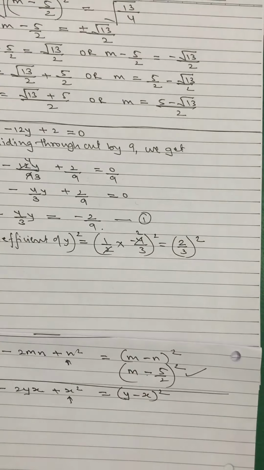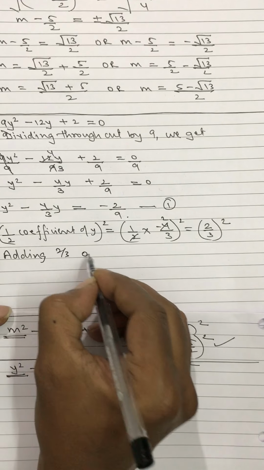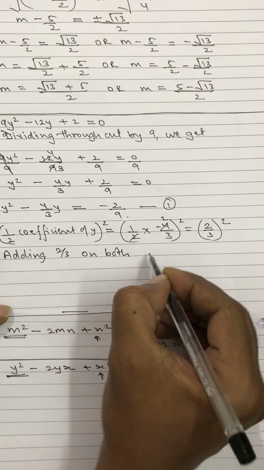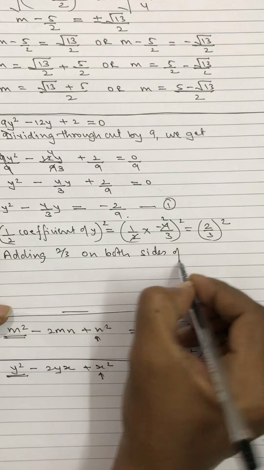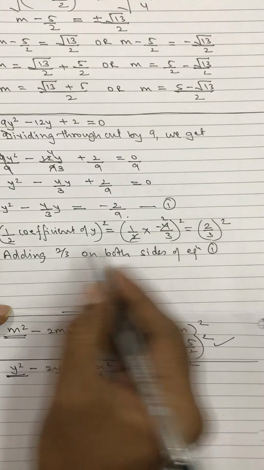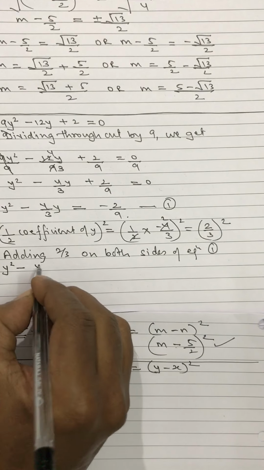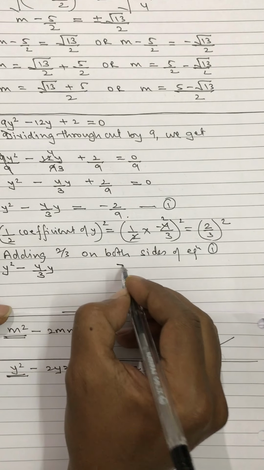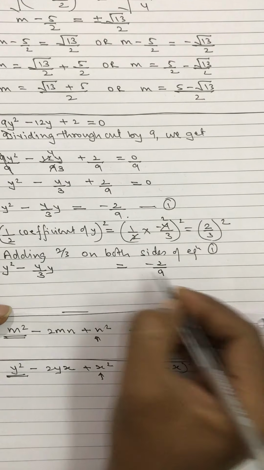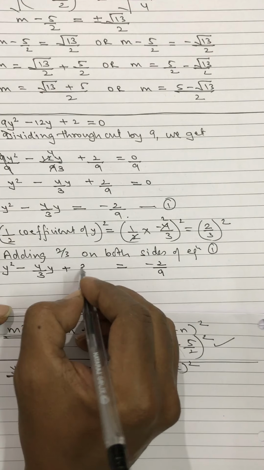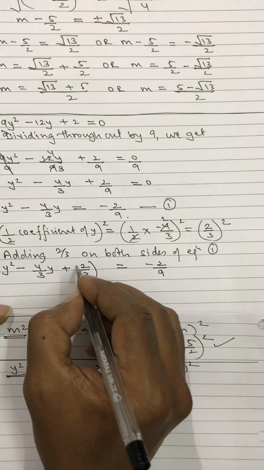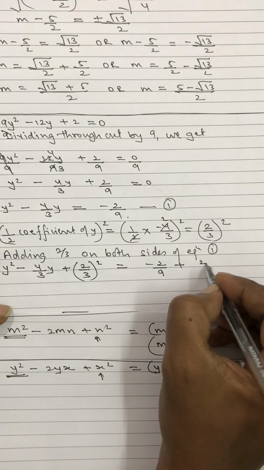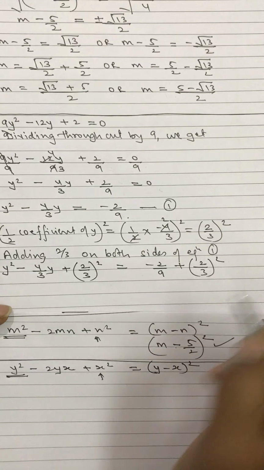So adding 2 upon 3 on both sides of equation. This is y square minus 4 upon 3y is equal to minus 2 upon 9. I will add over here 2 upon 3 the whole square, add over here 2 upon 3 the whole square.